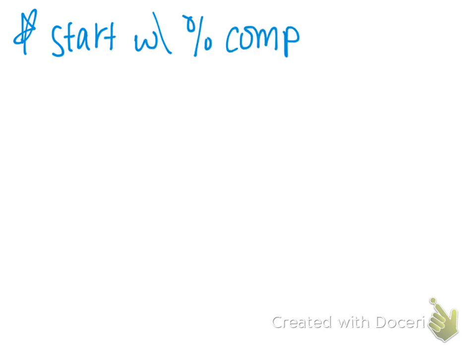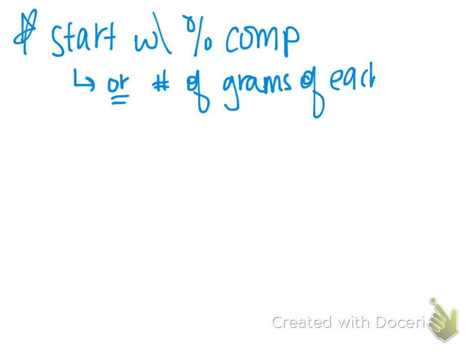So this is kind of our steps for finding an empirical formula. Okay, so we need to start with a percent composition. And this would be something like, this sample has 30% carbon and 70% oxygen, right? And we would be able to go from there to look at the ratios. But essentially we need to start with a percent composition, or the number of grams of each element.